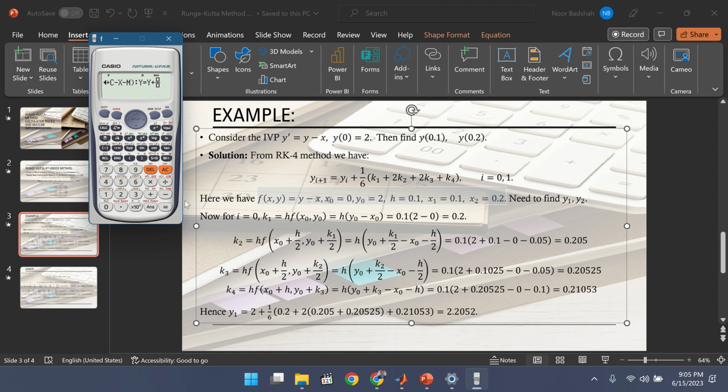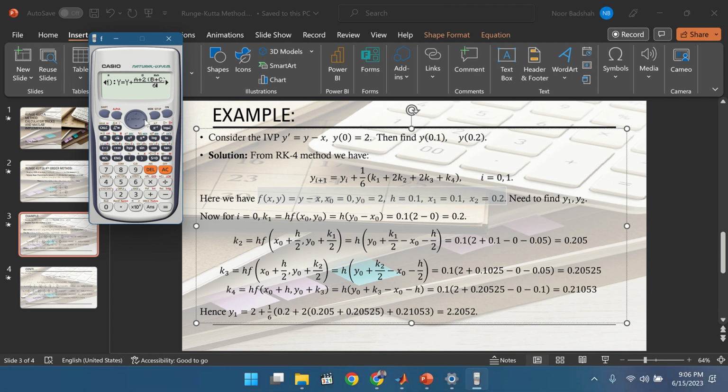I'll take a, so a plus 2 bracket, then I'll use b plus c closing the bracket, and then we have plus d, and in the denominator I would have 6, so it's divided by 6. So we are all done with it.